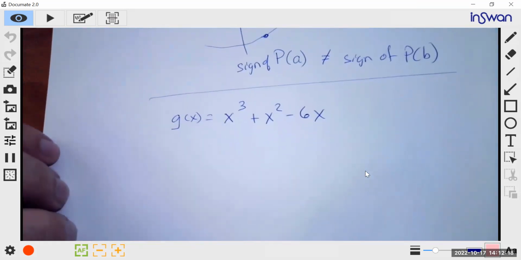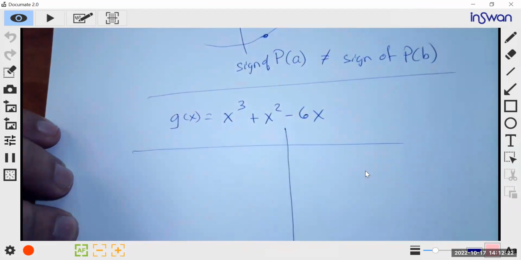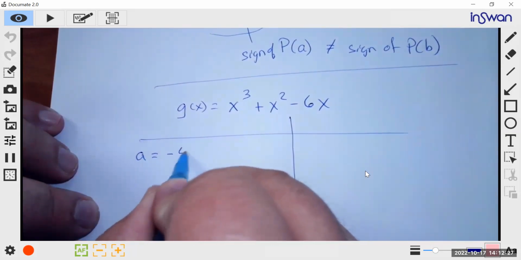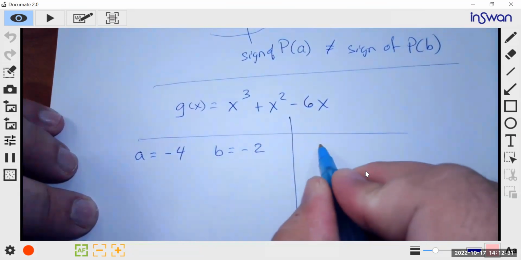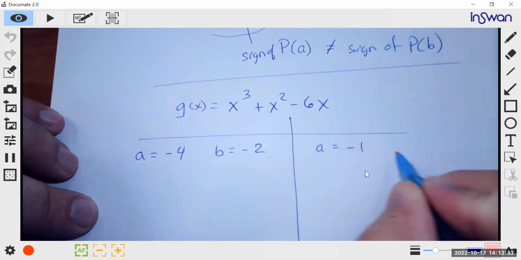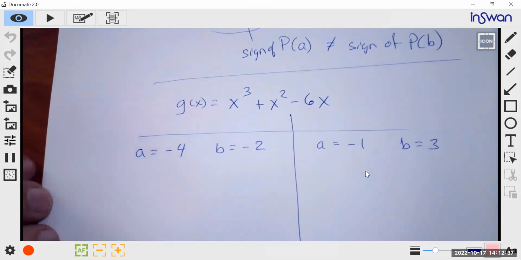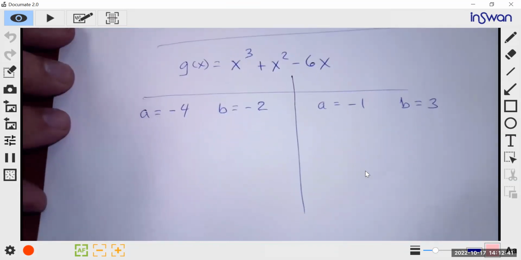Okay, here's our function. And the first one, A equals -4, and B equals -2. Then A equals -1, and B equals 3. Let's see how this works.